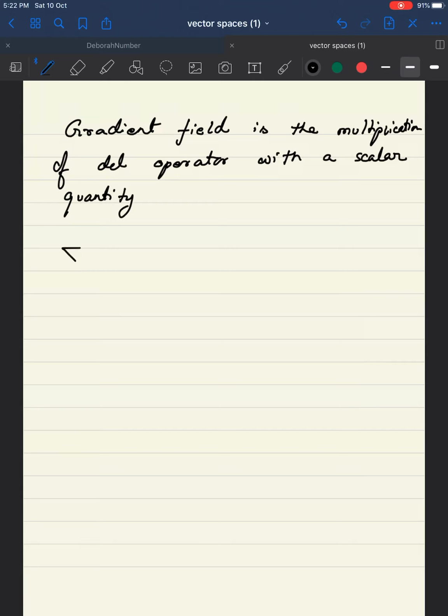So this del operator on f is del f by del x i hat, and so on. This is rather straightforward for you to remember now, right.